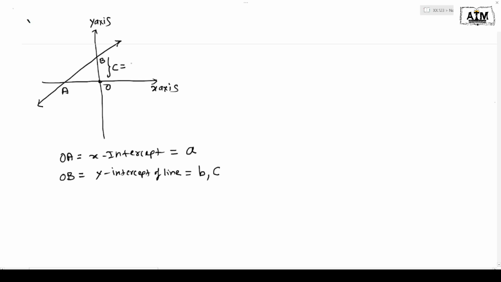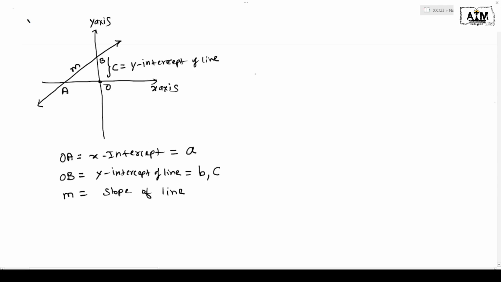So c equals the y-intercept of the line, and m is the slope of the line. What is the slope of a line? I already discussed it with you in my episodes 1 and 2.